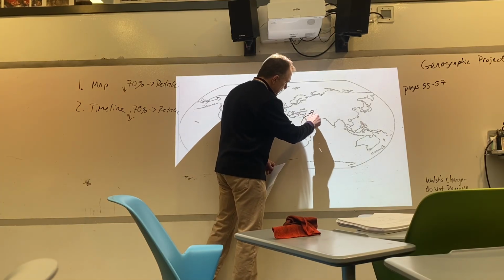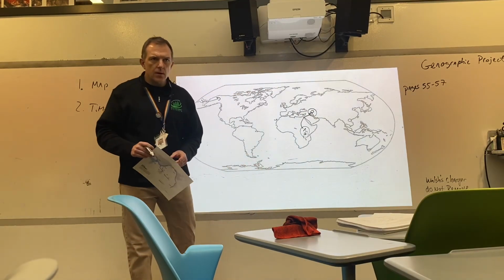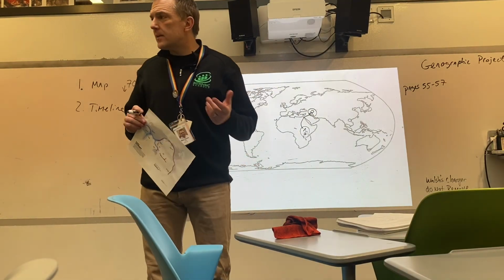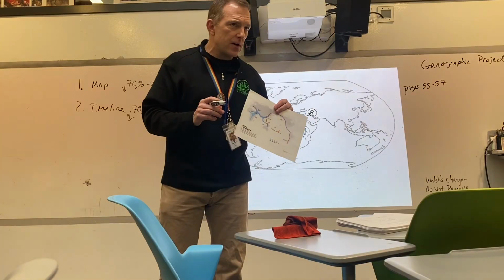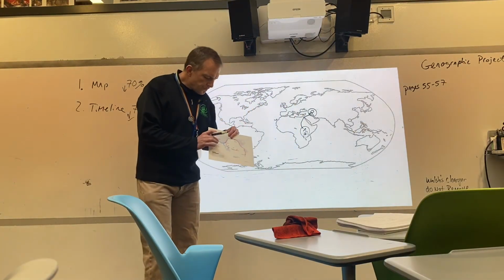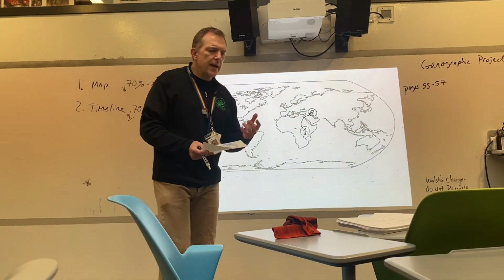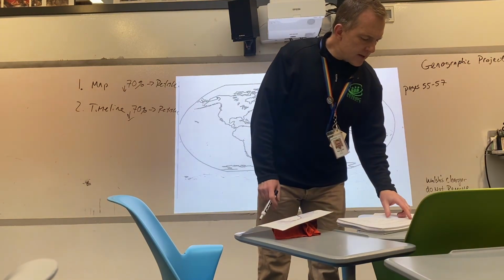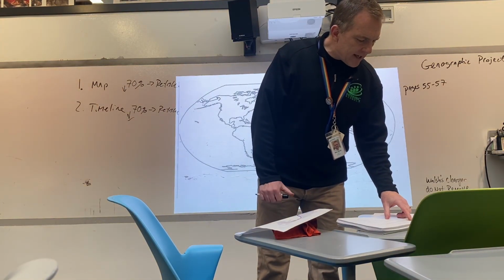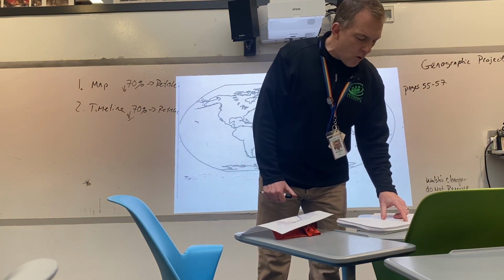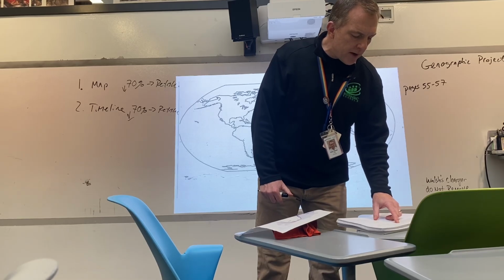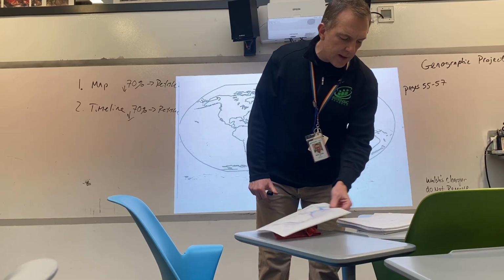Africa to the Middle East, there's my 2. That's the only place they could go, right? Outside of Africa. All right, now, the next direction has 4 parts to it. It says, draw arrows from the 2nd, to the 3rd, 4th, and 5th places of human migration, and label them accordingly.